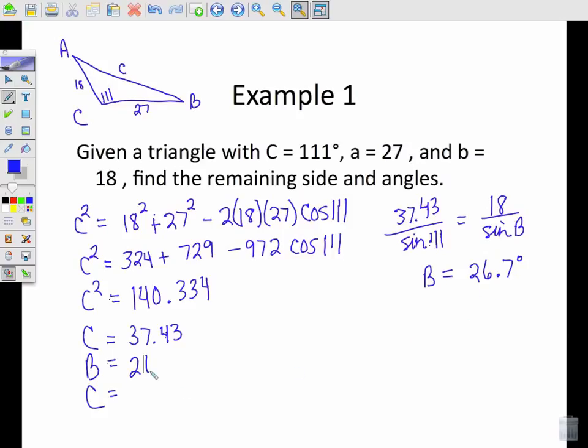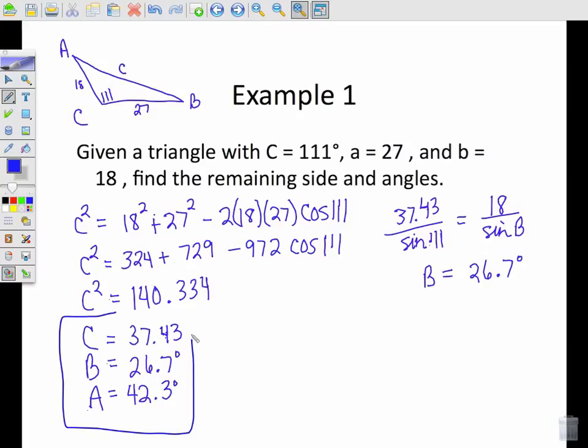And to find the last angle, you are able to subtract them from 180. So your last angle would be 42.3 degrees, and that would be angle A. And there you have it.